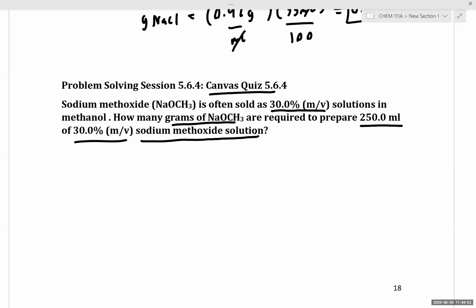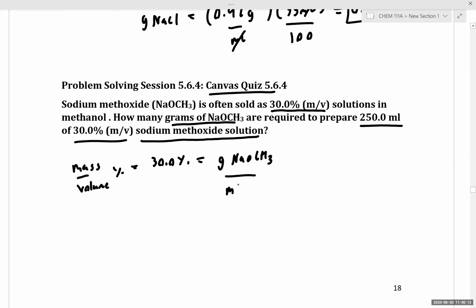Okay, so let's discuss this example. We know that our mass over volume percent is equal to 30.0%. That's equal to the grams of sodium methoxide over 250 milliliters of solution times 100%.